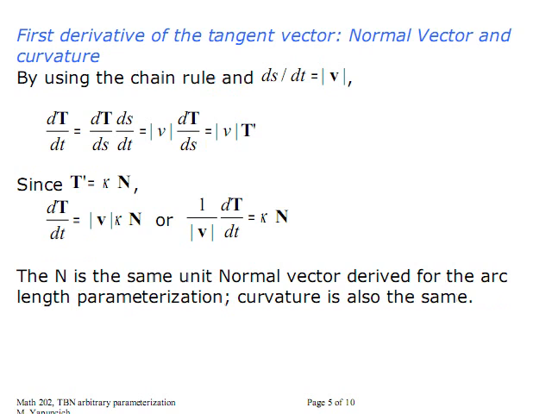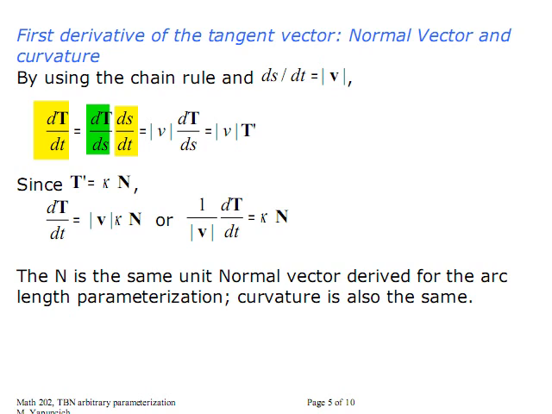Now proceeding as before, we take the first derivative of the tangent vector, but instead of just taking the derivative, let's use the chain rule. We could write this as the derivative of the tangent with respect to the arc length times the derivative of the arc length with respect to t.